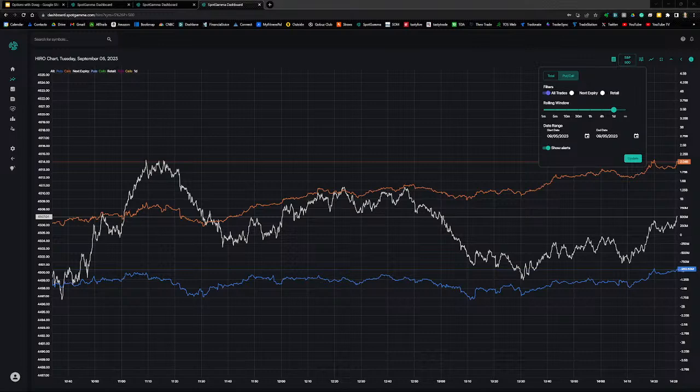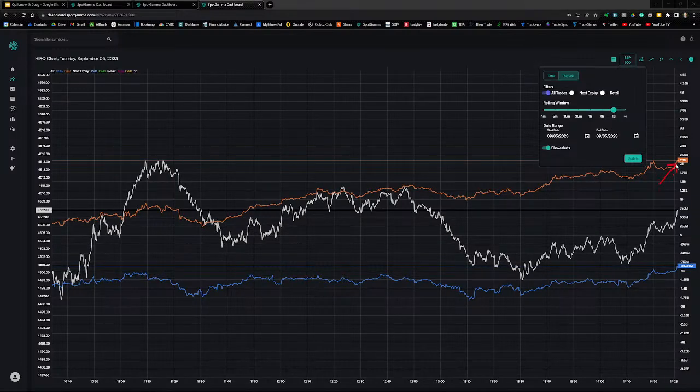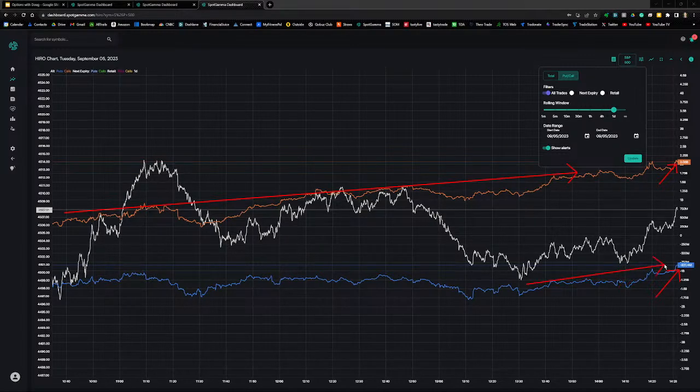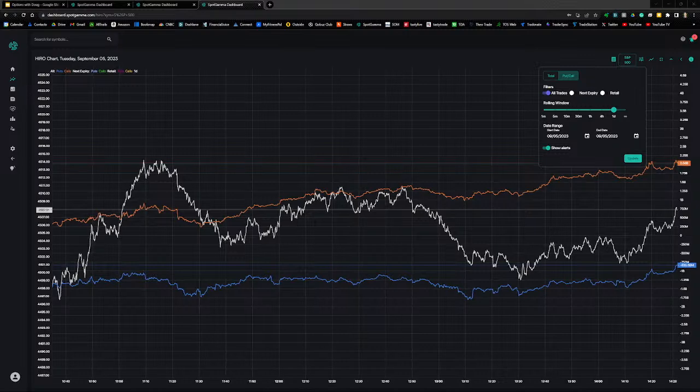So net for the day, they are buying calls. That's shown by the positive notional value there, in addition to the steadily rising orange line, traders buying calls. When traders buy calls, market makers sell the calls, and they have to buy futures to hedge their delta exposure. And net for the day, they have been buying puts. But now that line is starting to rise, and they are selling puts. Again, net for the day, they are still buying puts.